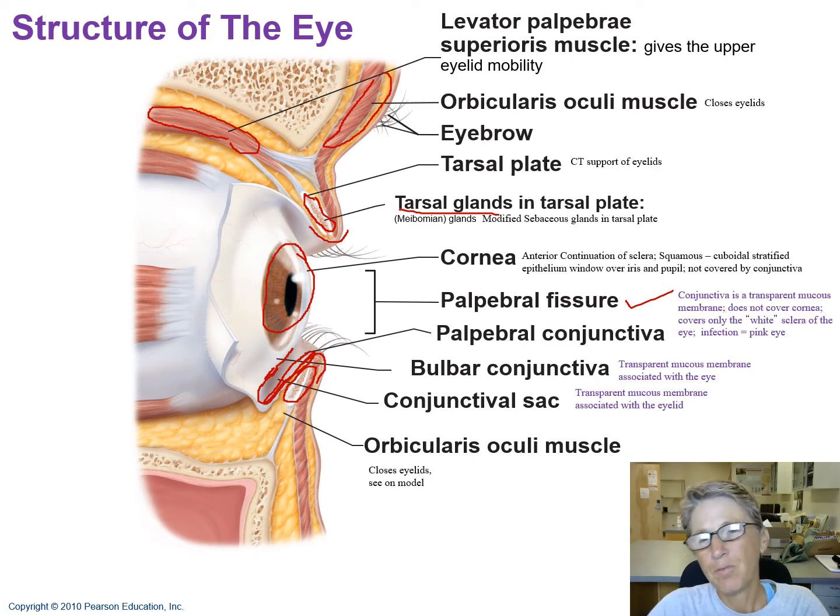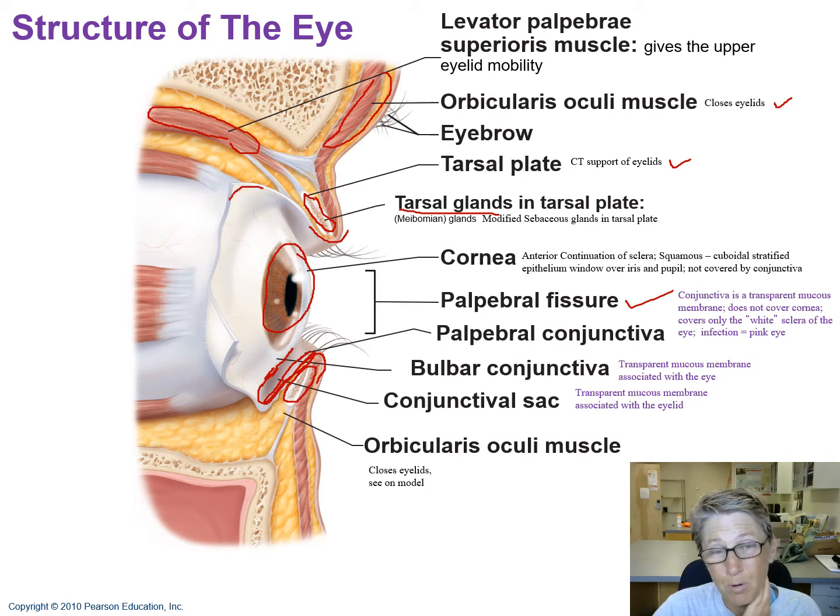And then I just give some functions here. Orbicularis oculi muscle closes the eyelids. We talked about the tarsal plate giving shape or support to your eyelids. The cornea is just the anterior continuation of the sclera.